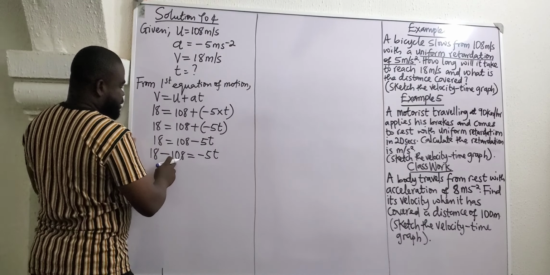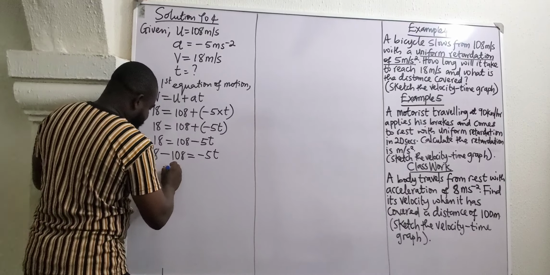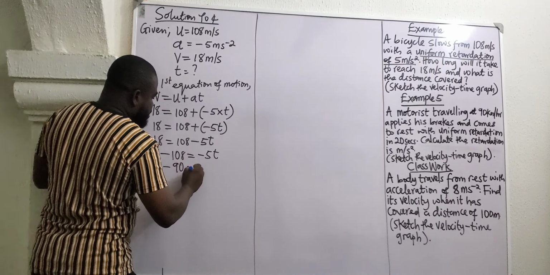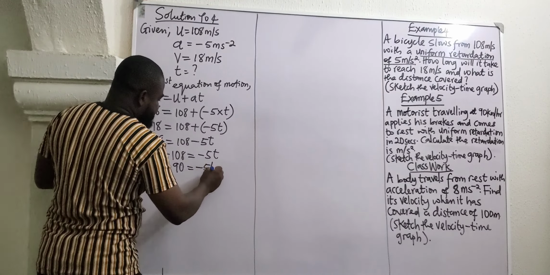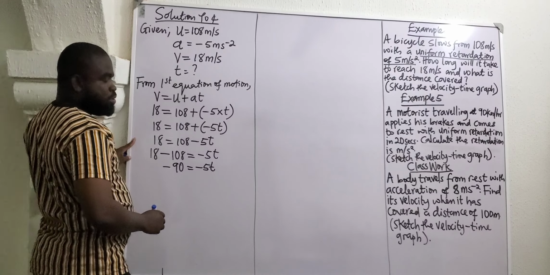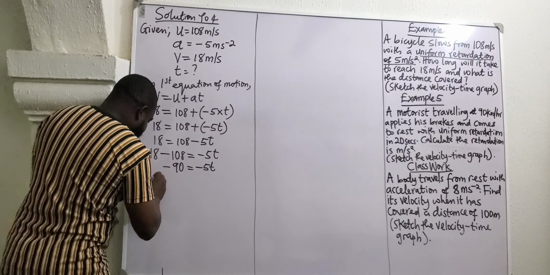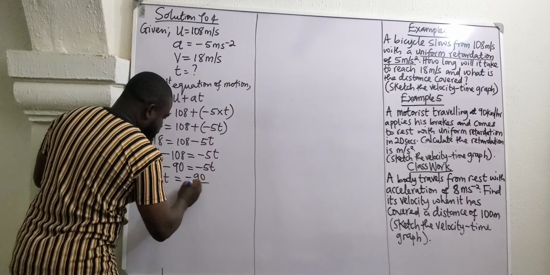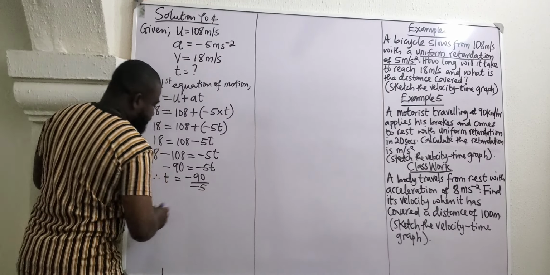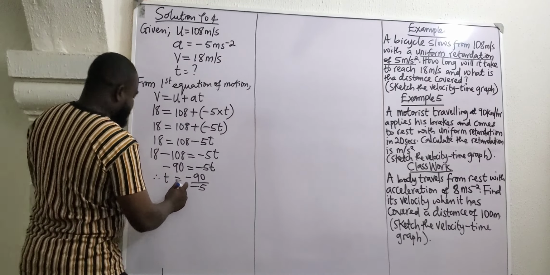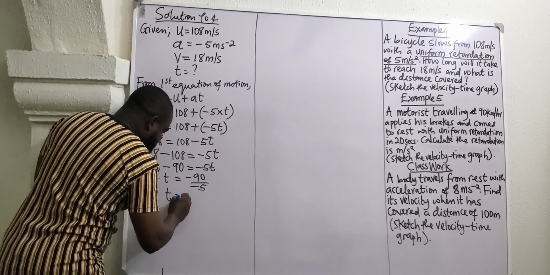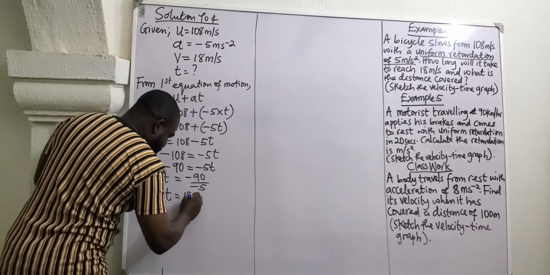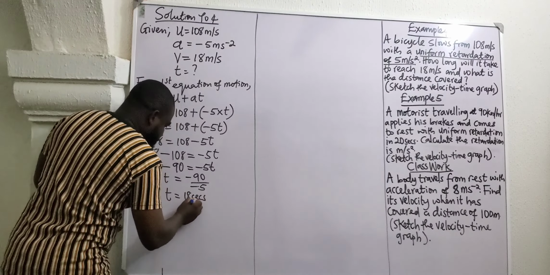Now 18 minus 108 gives you minus 90 equals minus 5t. Divide both sides by minus 5. Therefore, t is equal to minus 90 over minus 5. We cancel minus with minus, we have t is equal to 18 seconds.